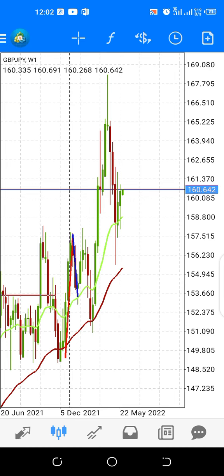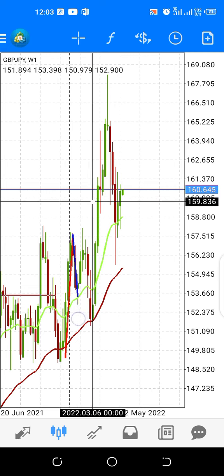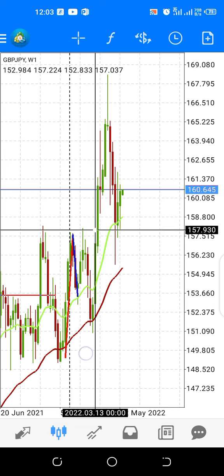The Japanese yen, that is GBP JPY, is on a bullish trend though, but the trend seems to be not too strong, because as you could see here at this level, at the opening of last week, the market came all the way down before going up.